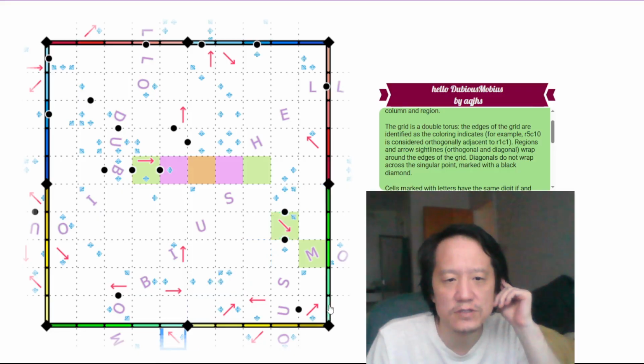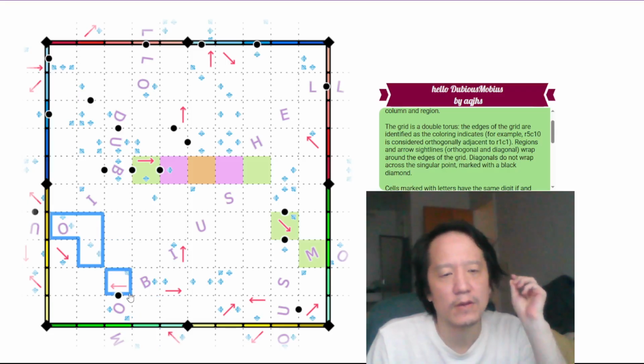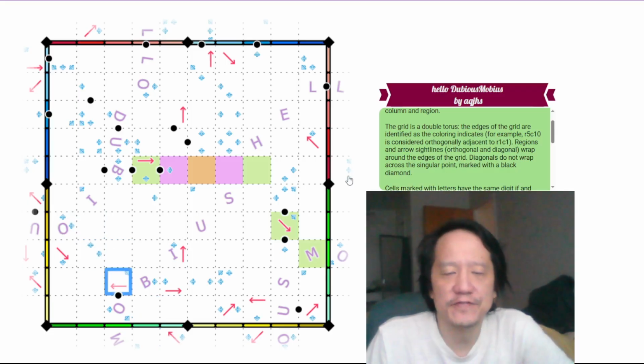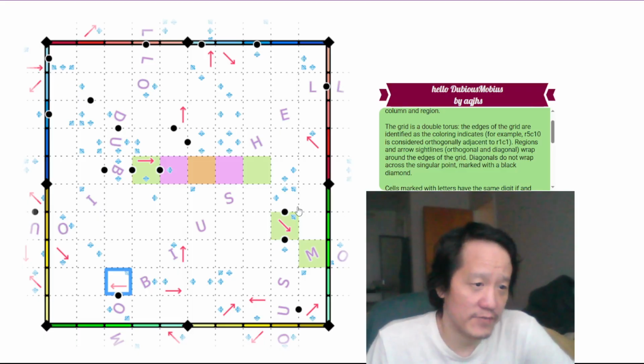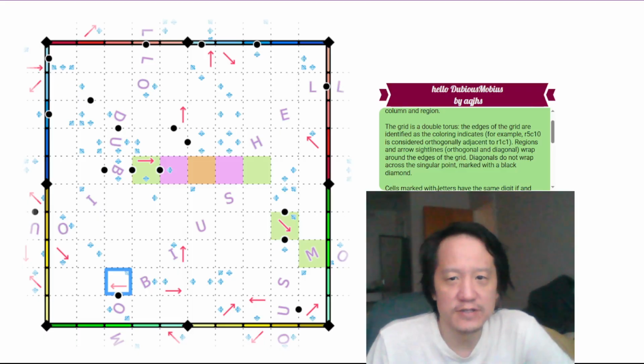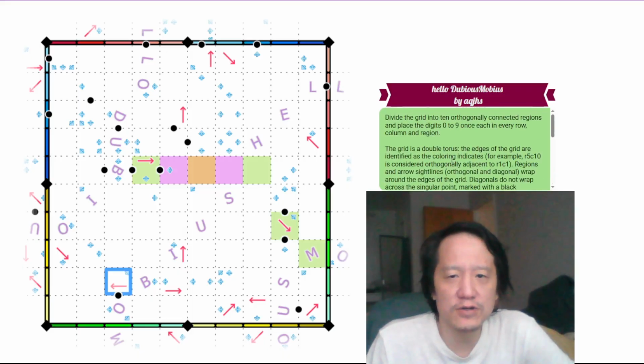This matches here. This is definitely pretty crazy. It's a very hard puzzle, so obviously it's going to be crazy. Anyways, those are all the rules.